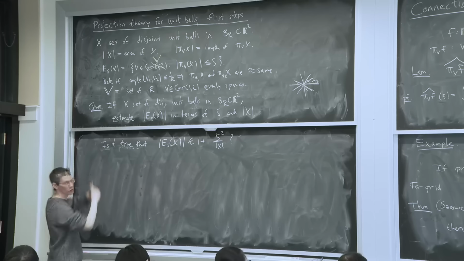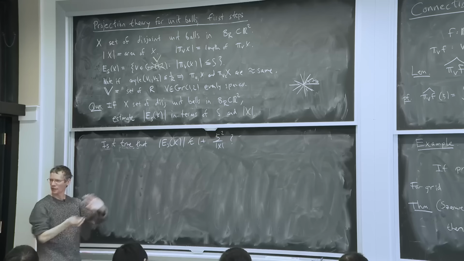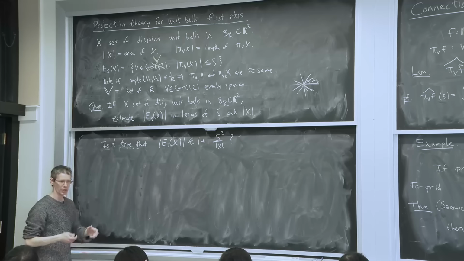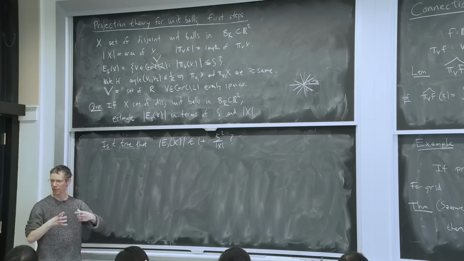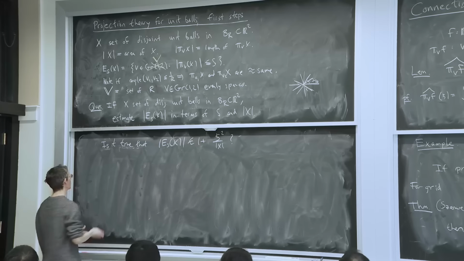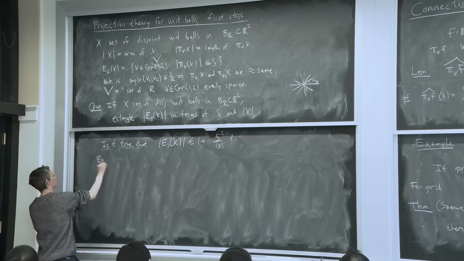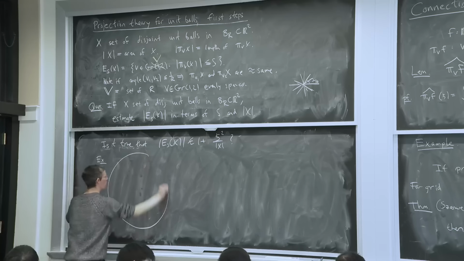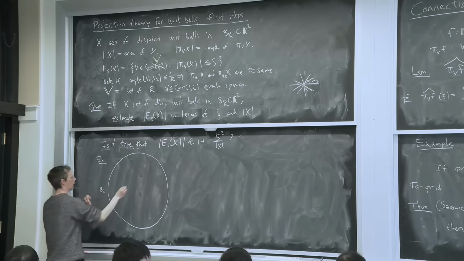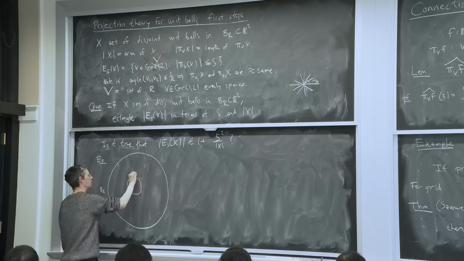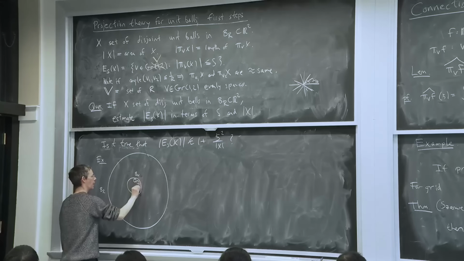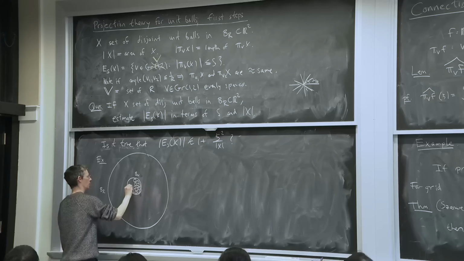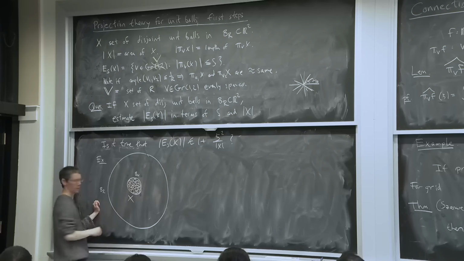Yeah, OK. So here's a configuration of unit balls that kind of doesn't have an analog when you're just looking at points. What we're going to do is we're just going to pack them into a larger ball. So here's the example. So here's our big ball. And then inside of it, I have a smaller ball. And I pack the smaller ball full of unit balls. So that's x.